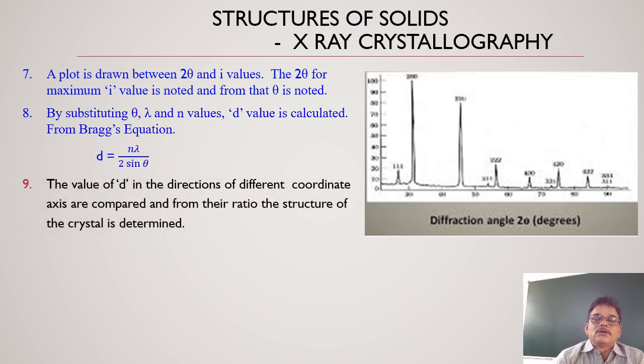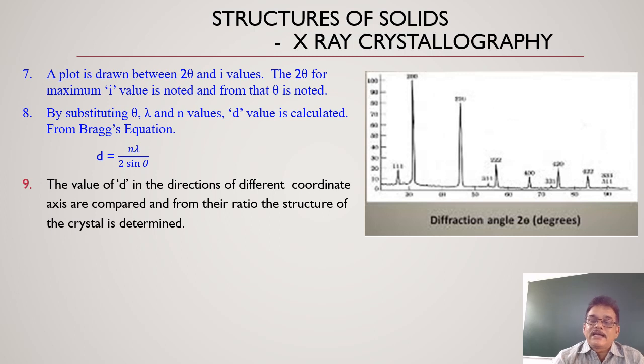If we divide that 2 theta value by 2, we get the theta value. We are getting the theta value for higher current. When current is higher, the rays undergo constructive interference, so the path difference becomes n lambda.